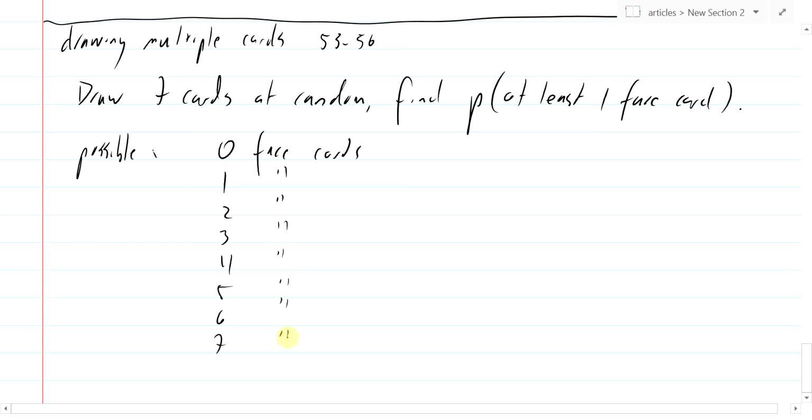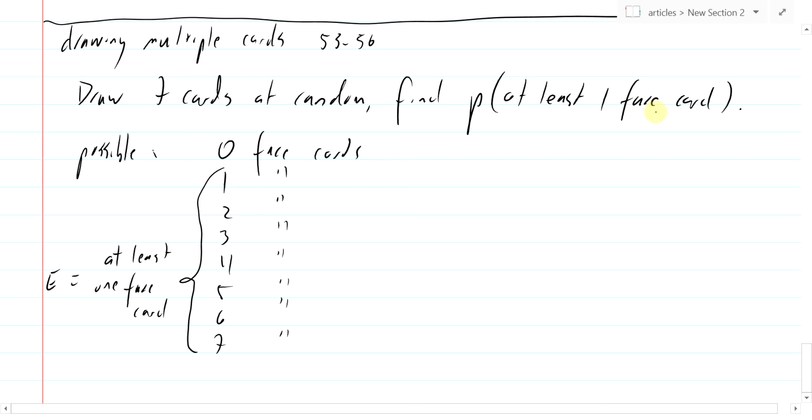That's really the options here, right? You've got to have somewhere between 0 and 7 face cards when you pick the 7 cards at random. So this is the event at least one face card. And so we'll call that E.